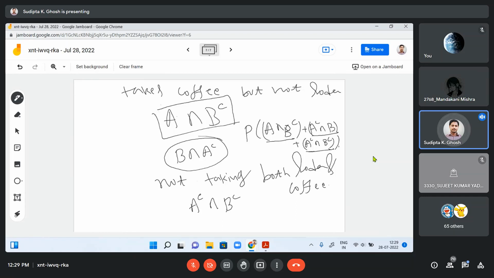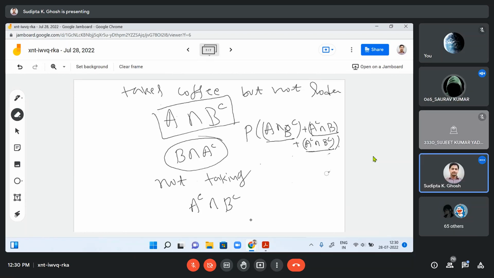What is axiom 3? If the events are pairwise disjoint, then union is equal to plus. Exactly, then union is equal to plus. So I can write in this fashion. Please tell me yes or no. Am I correct?